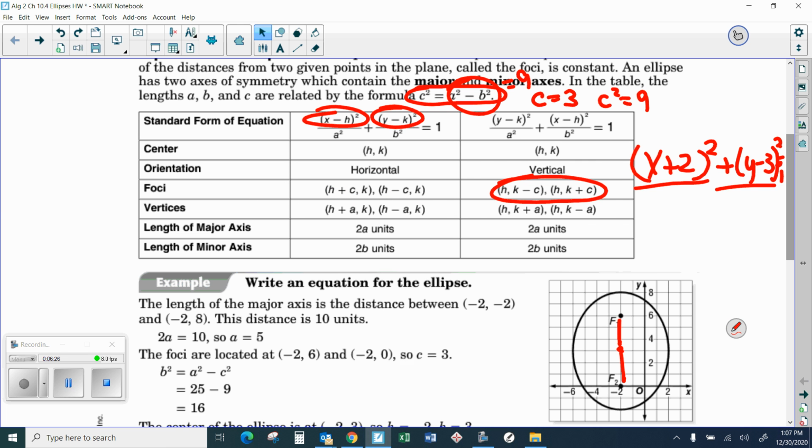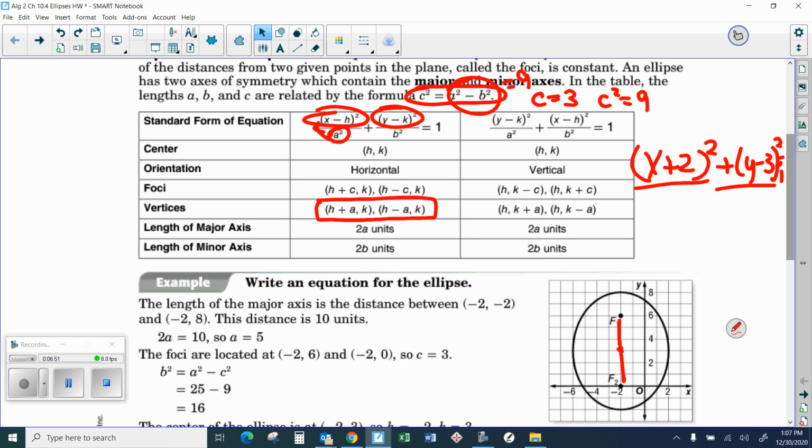Now you also have vertices. And here's what really deals with plotting it. You're starting from your center. You already have h comma k. You go out a, which is the square root of that number, in the x direction.